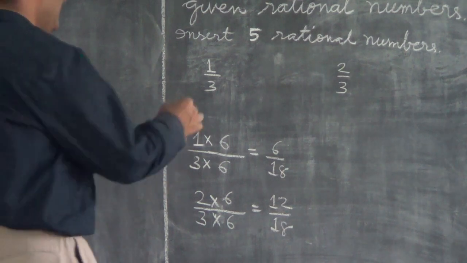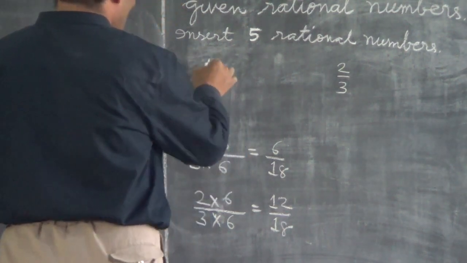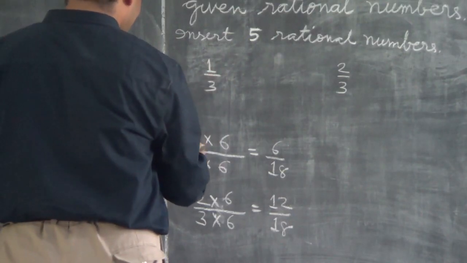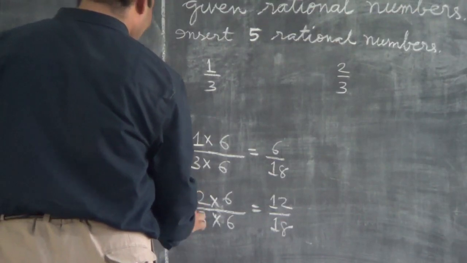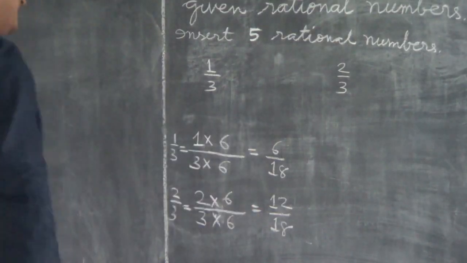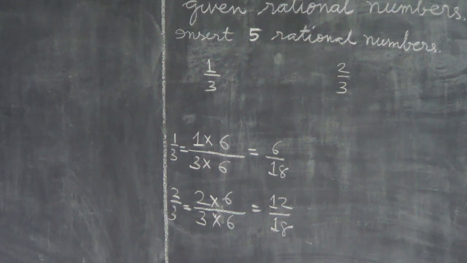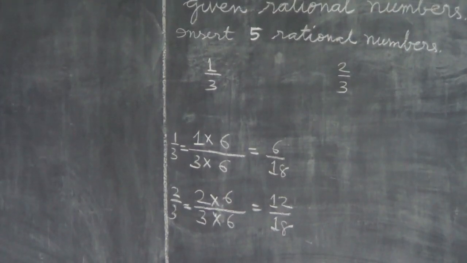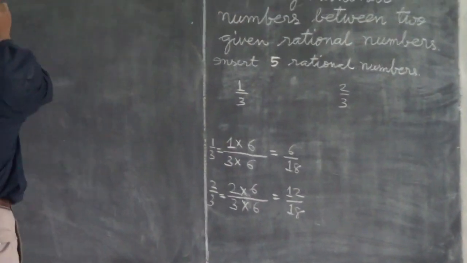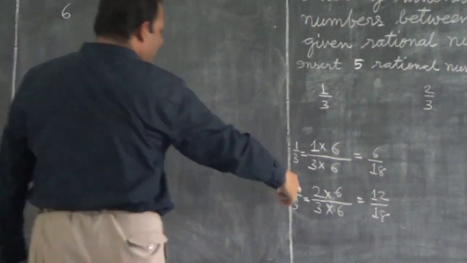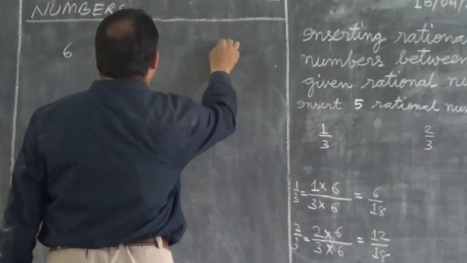So now what we got here, you see: 1 by 3 equals 6 by 18, and 2 by 3 equals 12 by 18. So it will be now very easy for you to insert the rational numbers between them. Compare their numerators. In the first case the numerator is 6, and in the second case the numerator is 12.